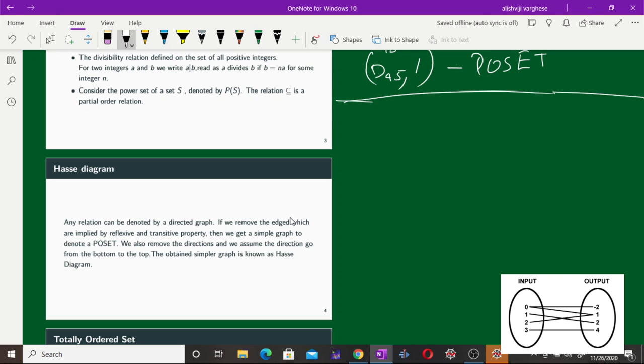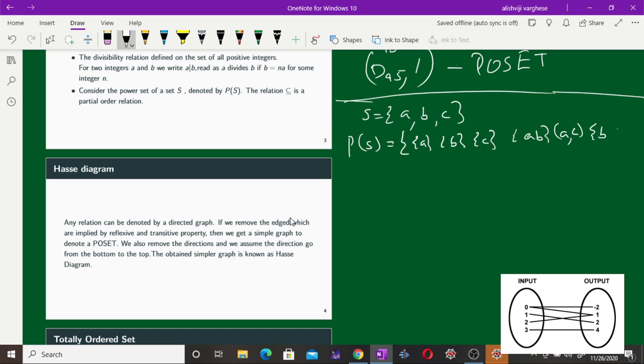So, for example, let us consider a non-empty set S equal to the set {A, B, C}, and consider the power set of S, that is {A}, {B}, {C}, {A,B}, {A,C}, {B,C}, {A,B,C}, and the null set.